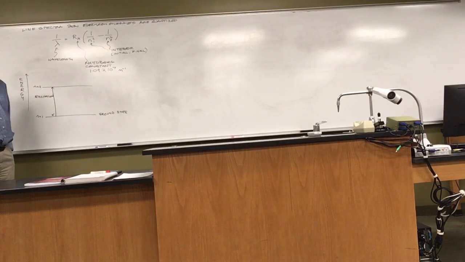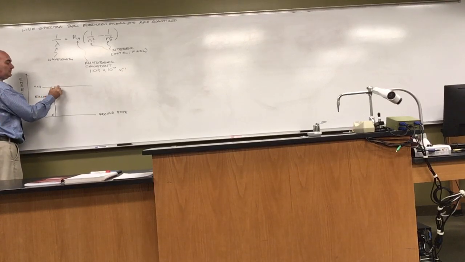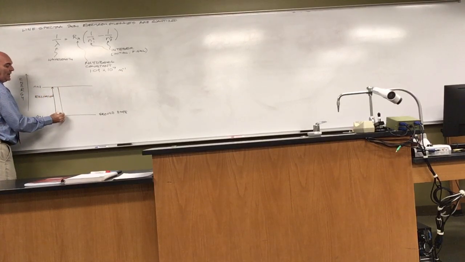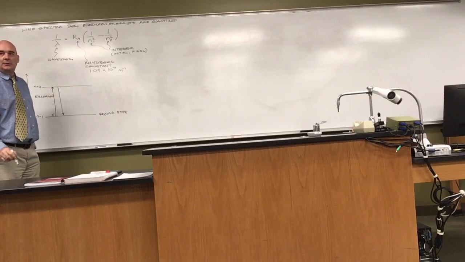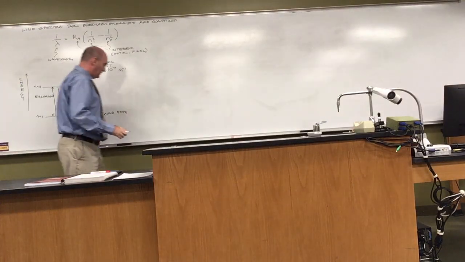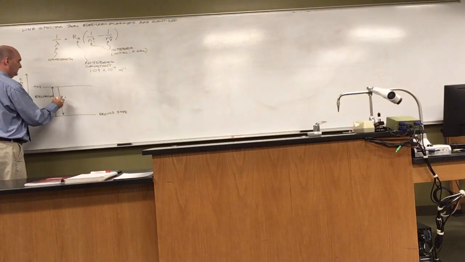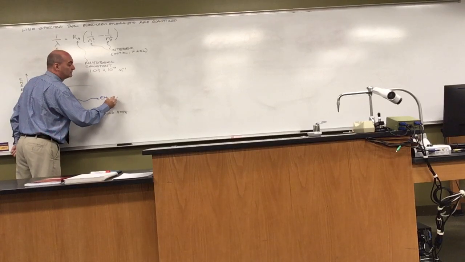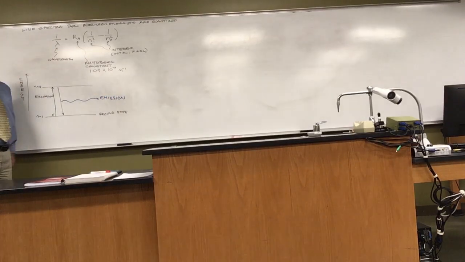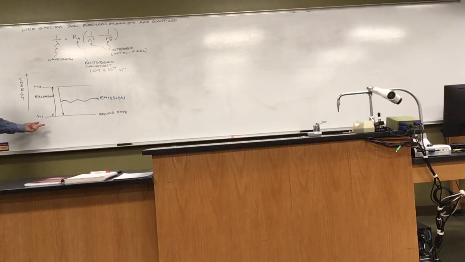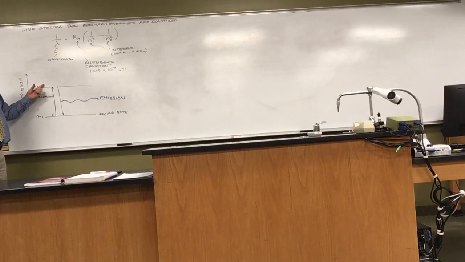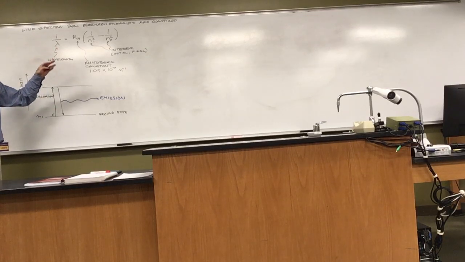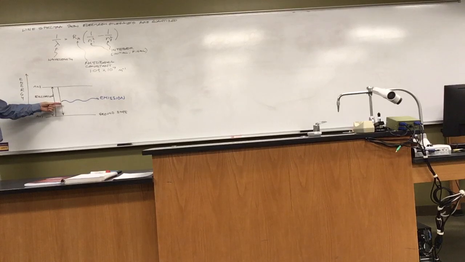But if I take that energy away, then the electron falls back down. And in doing so, emits the light. So you can promote the electron, but when the electron goes back to its ground state, it has to give that energy back away. And that energy is emitted as a photon of light.